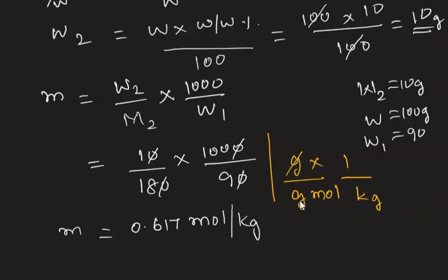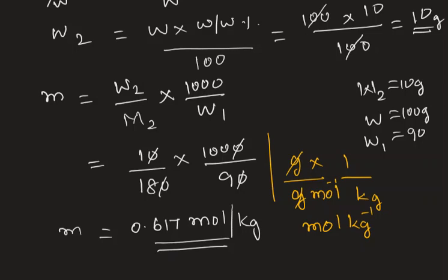So this can be cancelled, and this is gram per mole. So per mole, when it goes up, it becomes mole. So mole per kg. Do you understand? Mole per kg. Okay, so this is the molality.